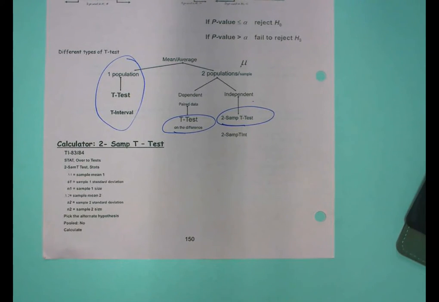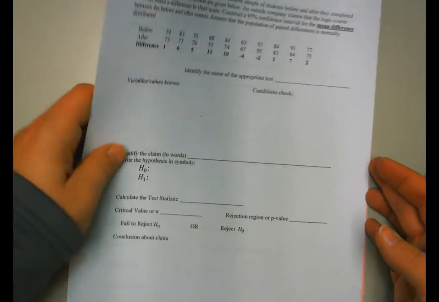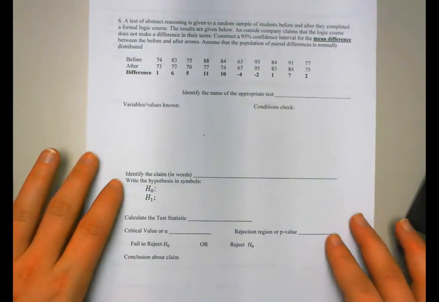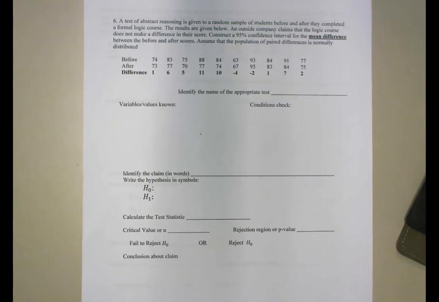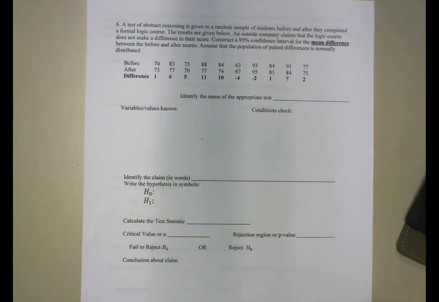So let's go ahead and look at an example of a t-test on the difference. If you go ahead and turn to pink page 154, we're going to look at this two-sample but dependent data. What it means is we're looking at one population and we're studying their before and after of each situation.